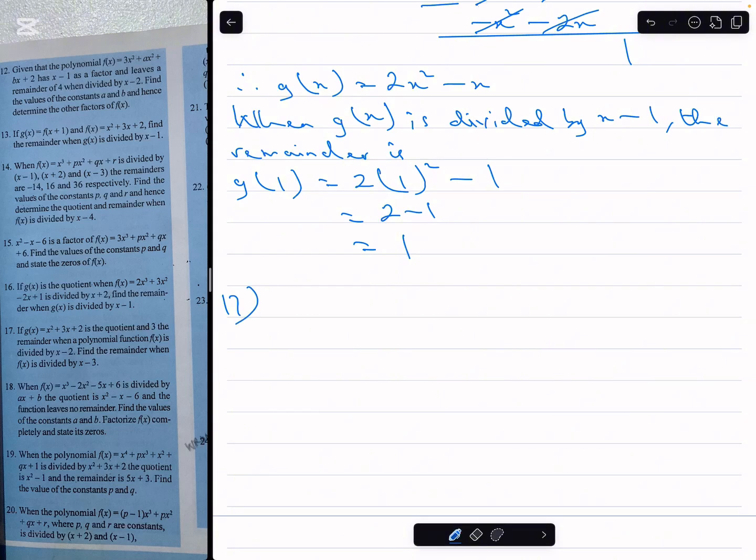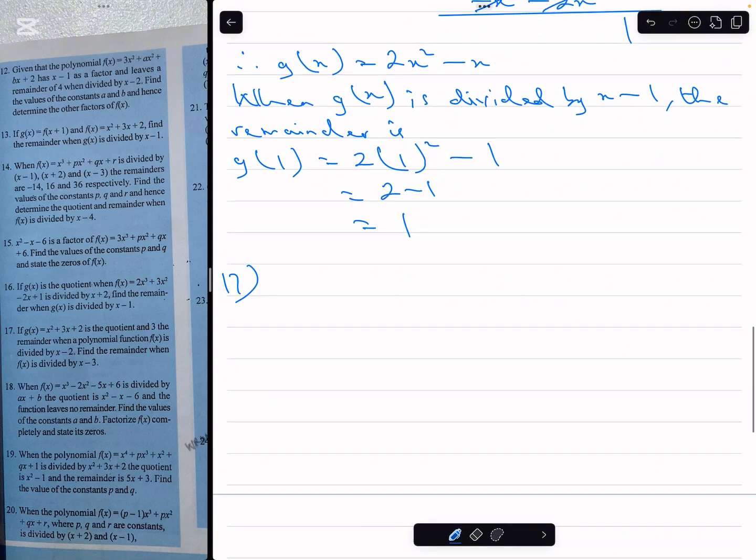If g of x, which is equal to x squared plus 3x plus 2, is a quotient and 3 the remainder, when a polynomial function f of x is divided by x minus 2, find the remainder when f of x is divided by x minus 3.